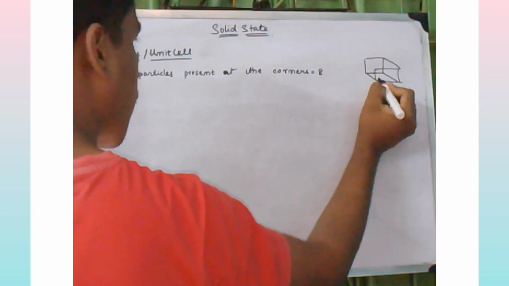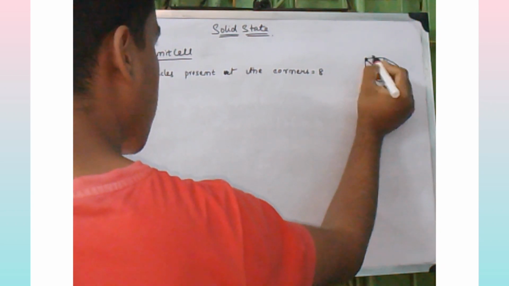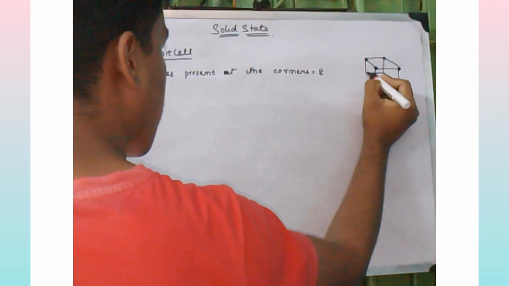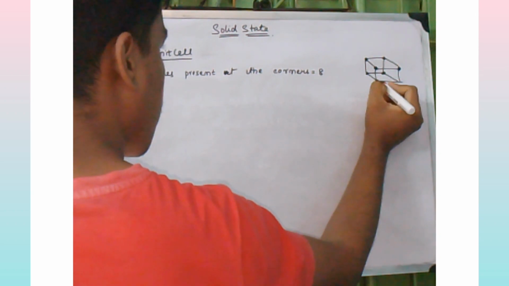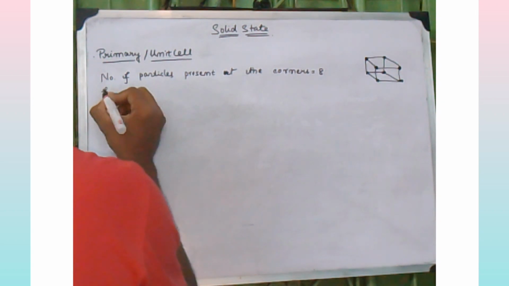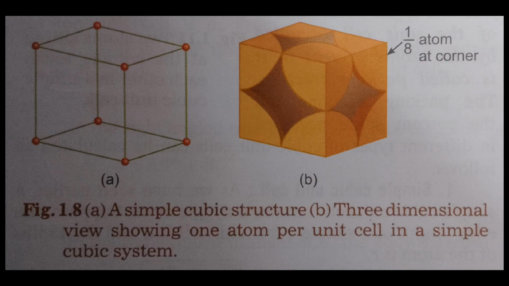Hence, the number of atoms in one simple cubic unit cell equals 8 multiplied by 1/8 equals 1. If you see the following diagram shared by me on the screen, you will understand the whole feature of this primitive unit cell.